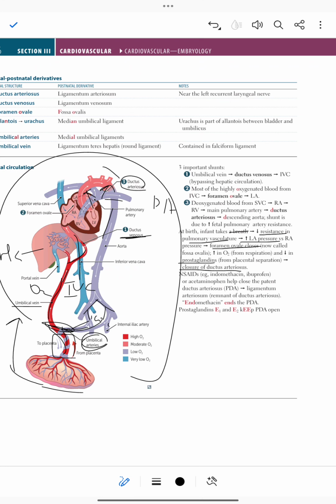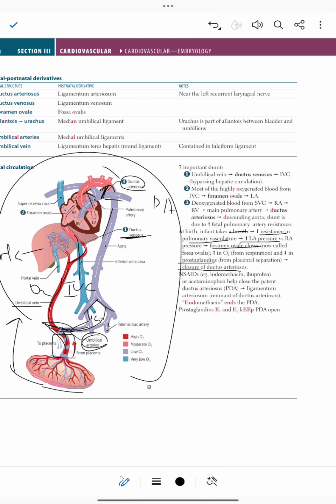It provides closure of ductus arteriosus. Ductus arteriosus closes, then there is no link between pulmonary artery and aorta.